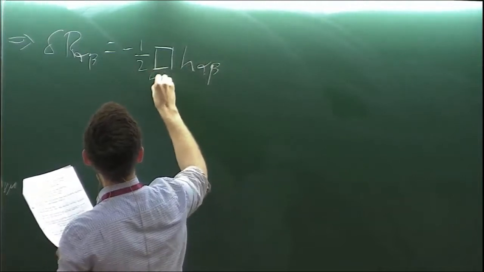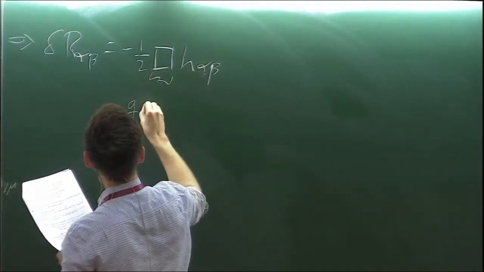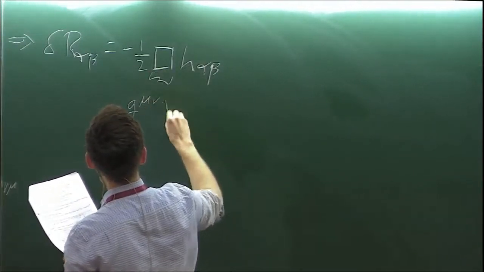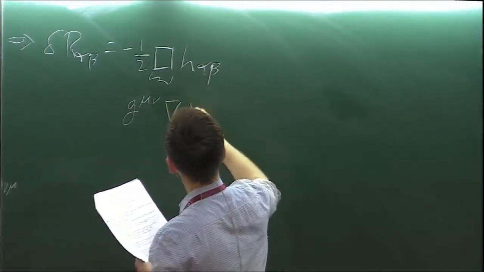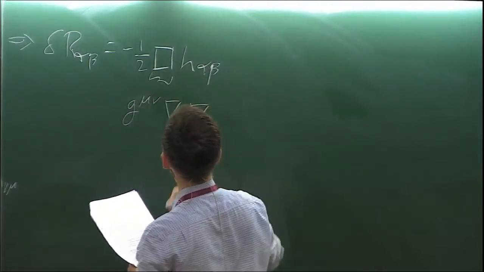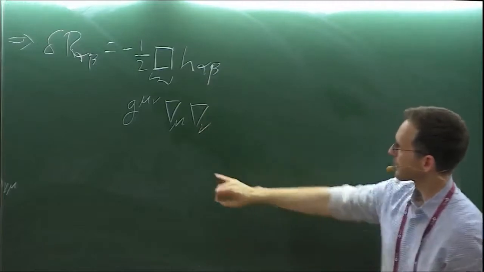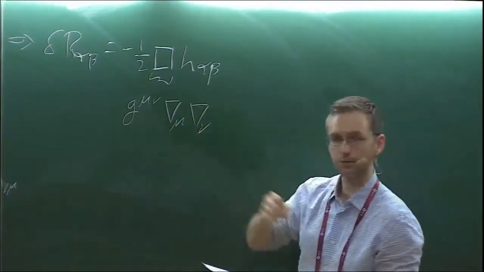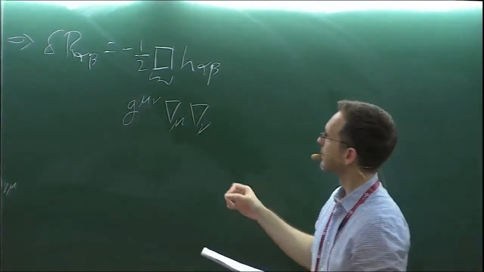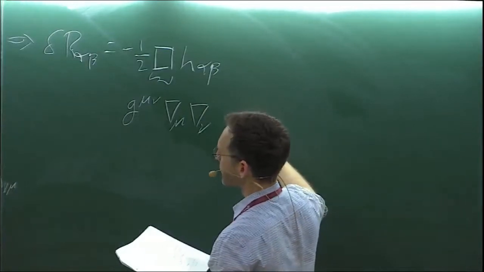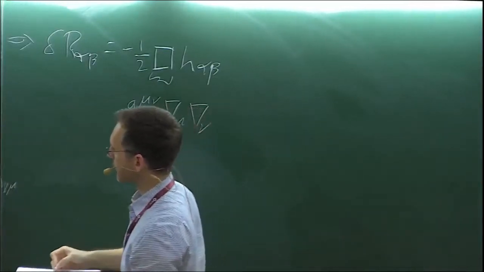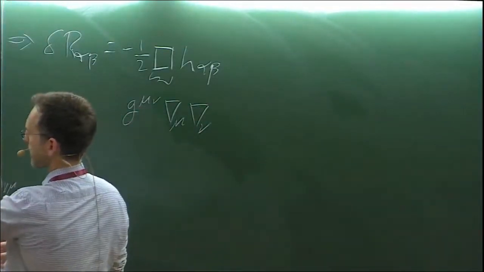So this box is the D'Alembert of the background spacetime. So it's the second covariant derivative contracted with the background metric. And you can see that's coming from this term right here.